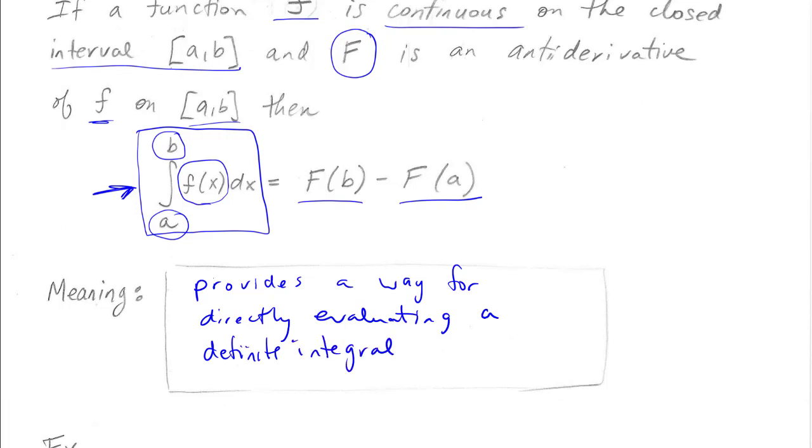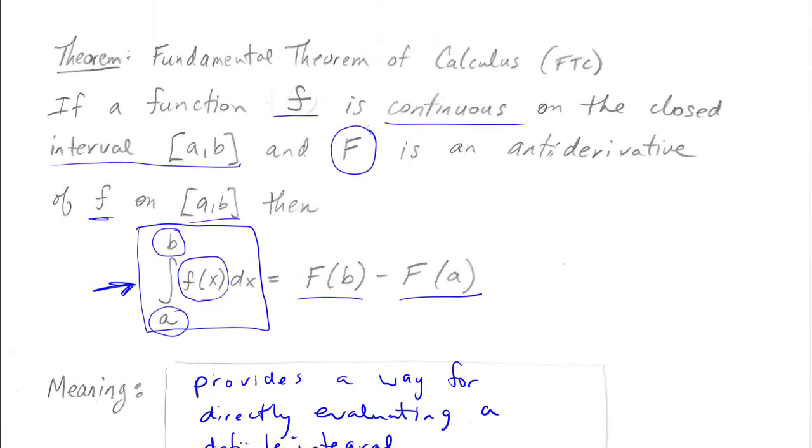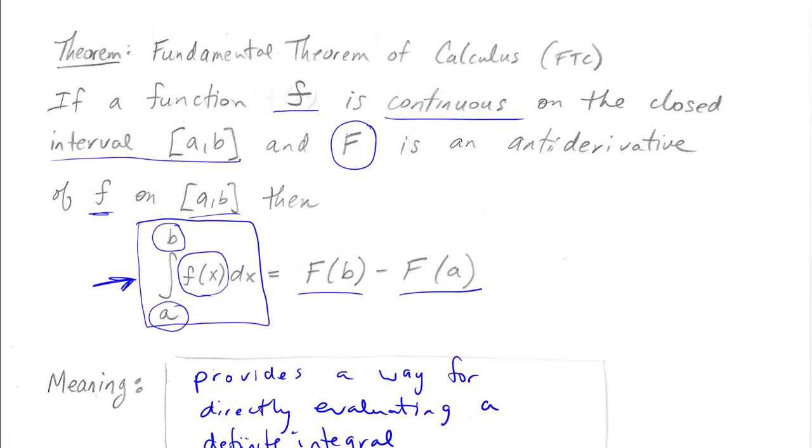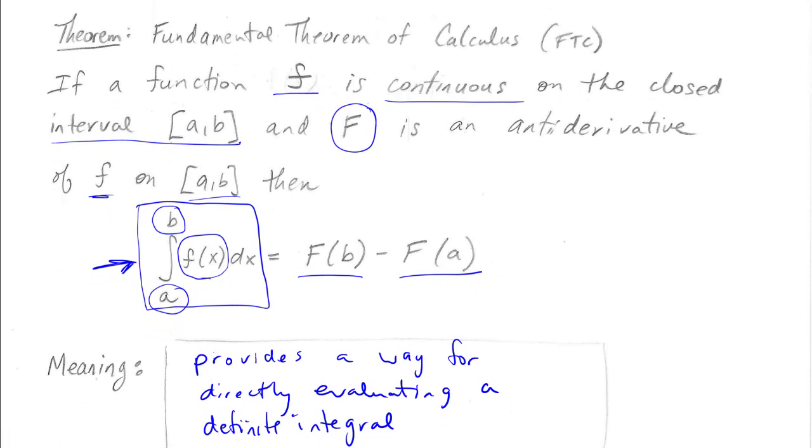So this means that we don't have to go to some sort of limit of an area. We don't have to go to geometry to figure out a definite integral. As long as we can find an antiderivative, big capital F for little f, then we can do this definite integral by the difference of two function evaluations.